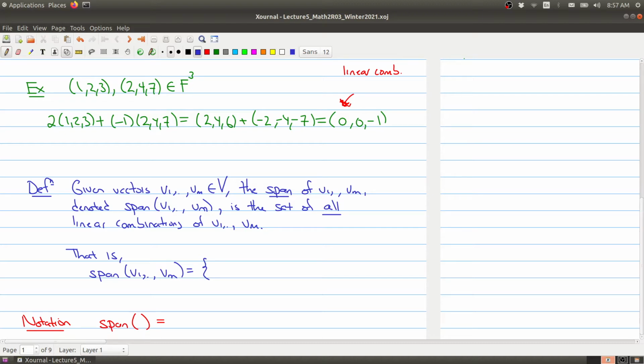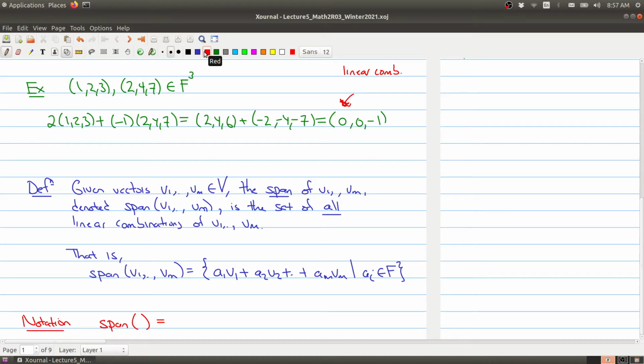If you prefer set notation, the span of v1 through vm is everything that looks like a1 times v1 plus a2 times v2 all the way up to am times the vector vm, where the ai are free to run over your field, either the real numbers or the complex numbers.